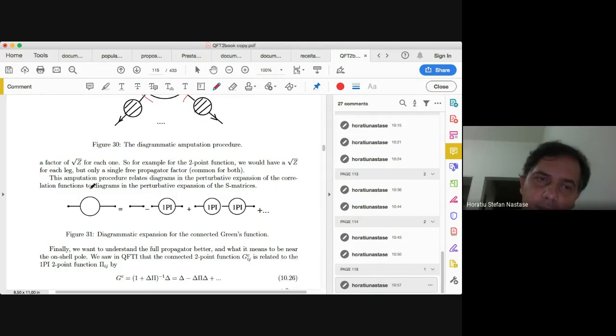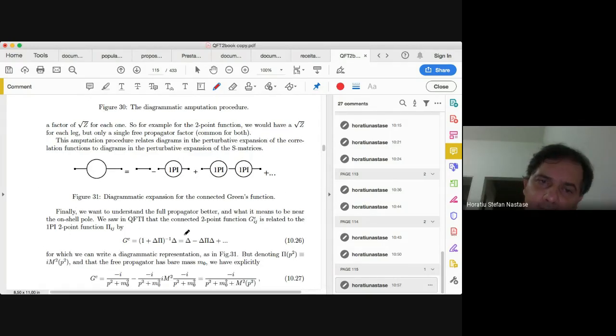So the correlation function, we've talked about before in QFT 1, that you write the full connected part, that is the correlation function, as a free propagator minus a free propagator times a 1PI part times a free propagator, plus the one with two 1PIs, and so on.